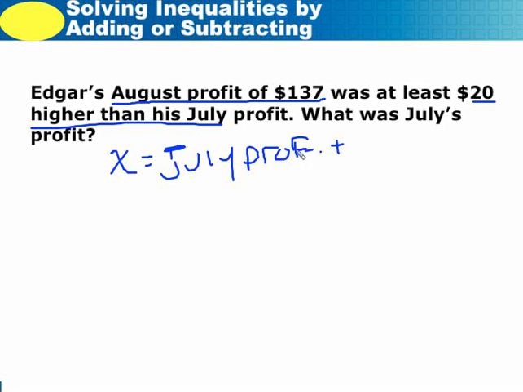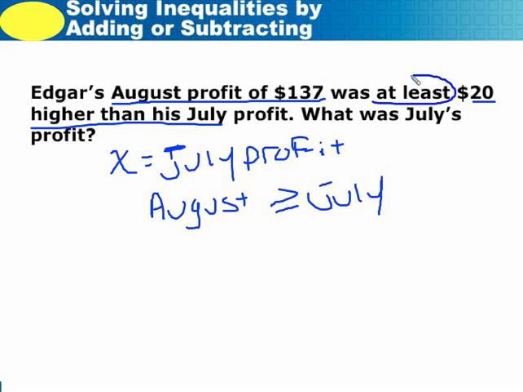Now, whenever we think about this problem and summarize it, I know that August had a larger profit than July. So we know that August was at least $20 higher than his July profit.